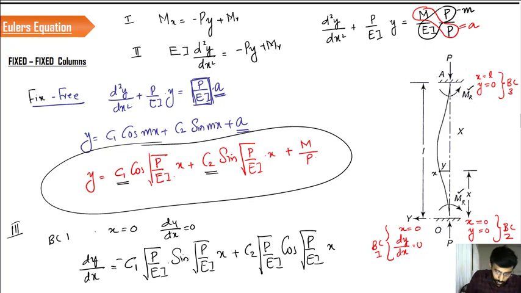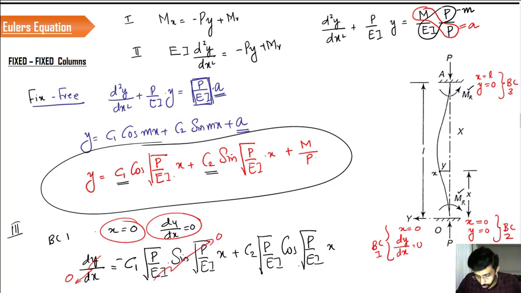Now if you substitute this boundary condition, at x equal to 0, dy by dx is equal to 0. Sine 0 is obviously 0, so this term is going to be 0. Now cos 0 is going to be 1, so since x takes the value of 0, cos 0 is 1.